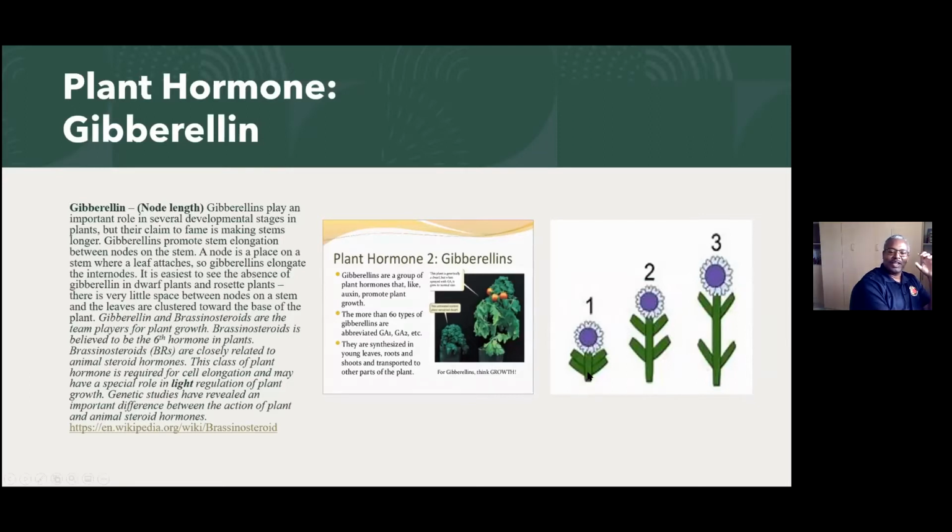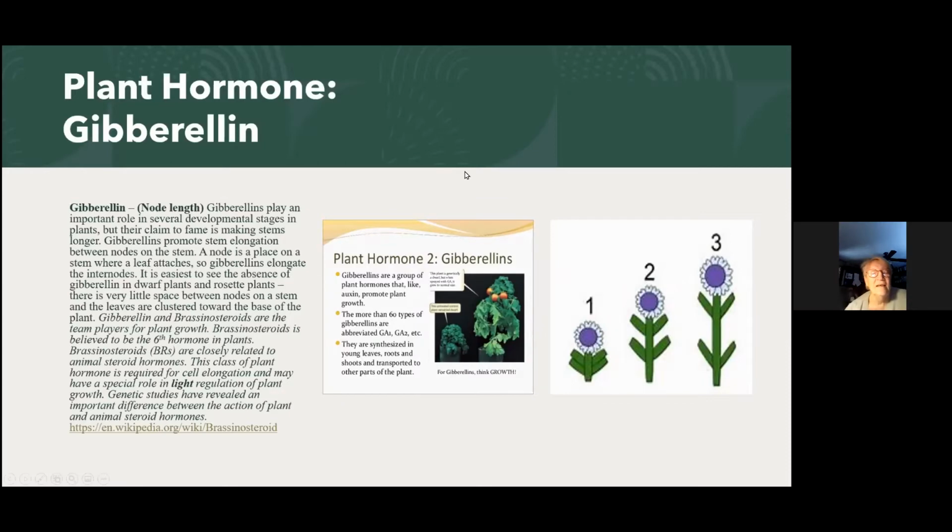The node length is very small and it almost looks like a rosette. Well, that's due to a lack of gibberellins. This middle example, if that's normal, this would lack gibberellins. Number 3 here would show you that you have more gibberellins than, I guess, necessary.